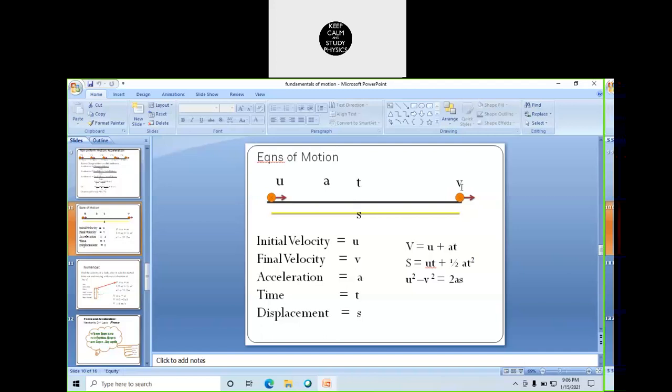Instead of that, suppose a car is moving horizontally.